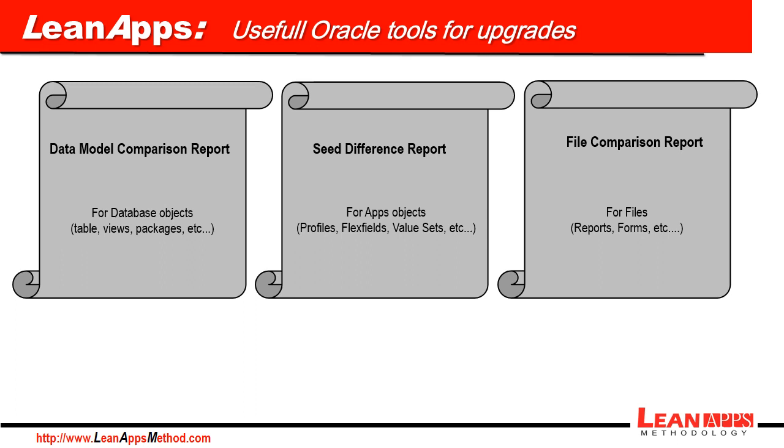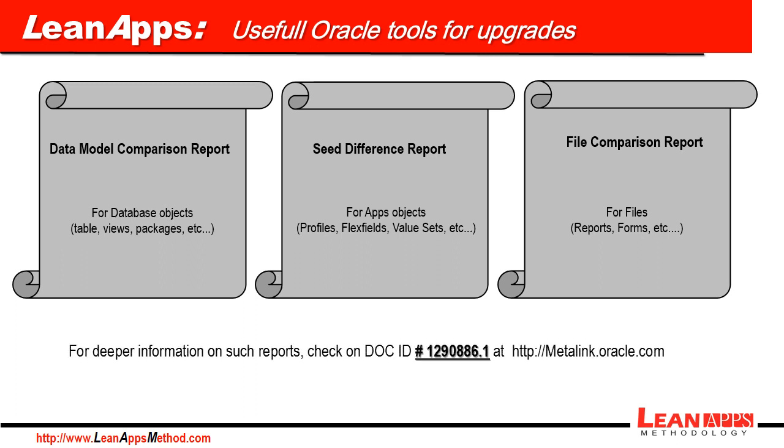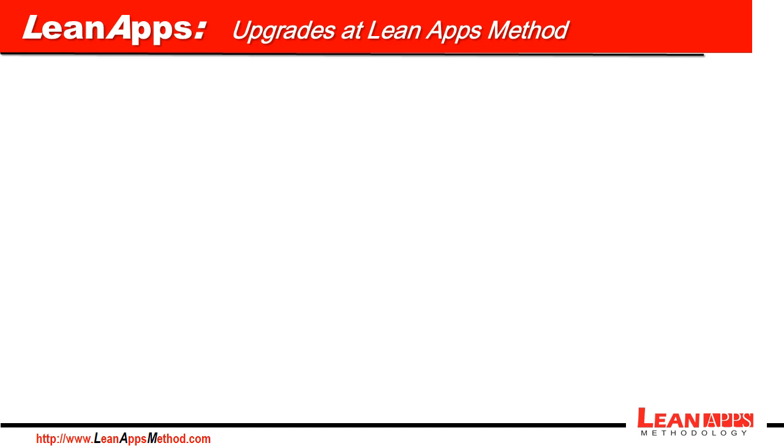We have 8 processes being considered in an upgrade project according to Lean Apps method. They are management and governance, which is not a process but an area that I will show in a while. Functional and technical analysis. Simulation, which in this case I'm showing 2 simulations, but as I said, we could have 3 and even 4 depending on some variables.